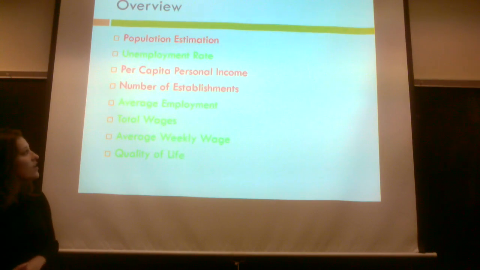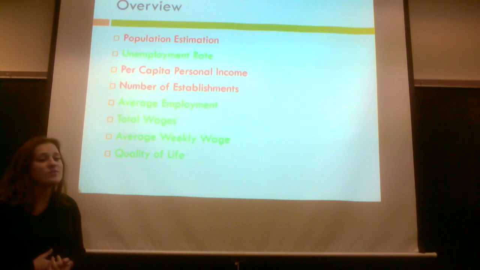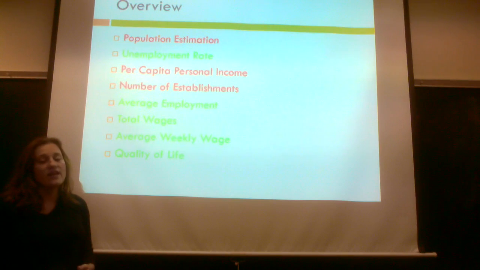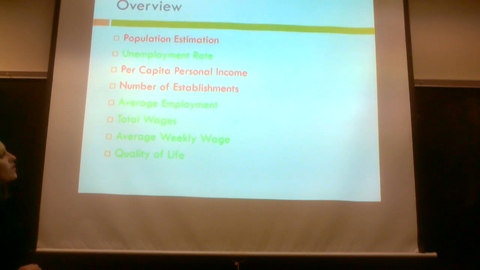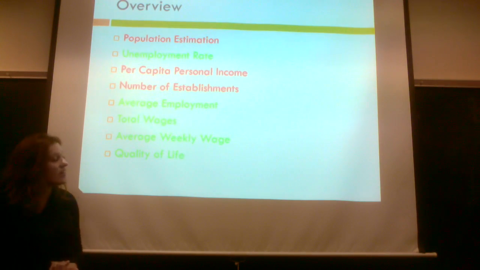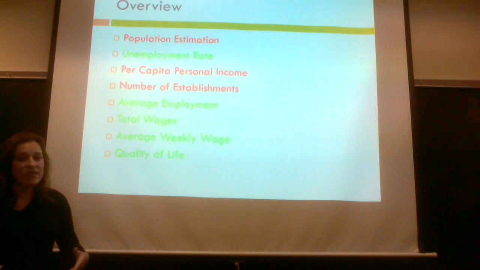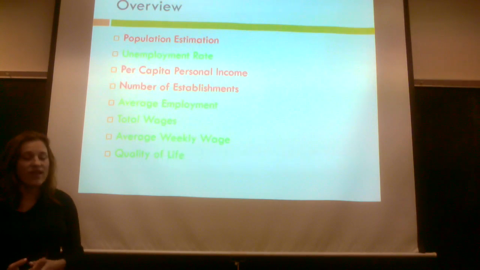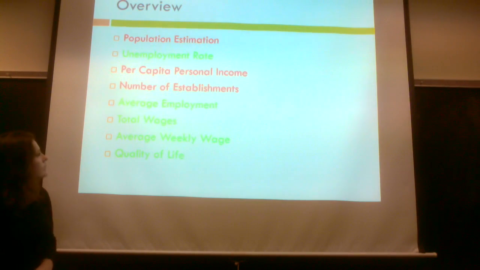Per capita personal income is in red because it was shown to be significantly lower than the average in the United States and the average in Ohio. In addition to this, the number of establishments is also in red because the number of establishments was shown to be decreasing since 2008, and that's not a good indicator, as establishments are closing or moving away.